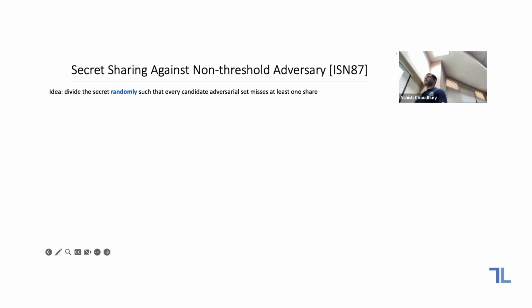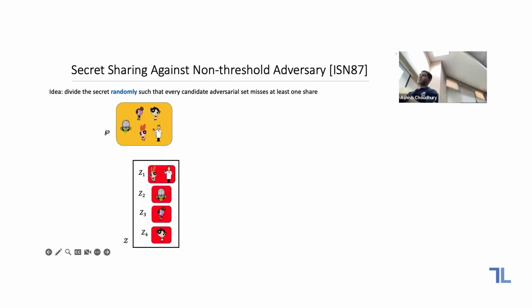The idea is that if you have a secret which you want to secret share, you divide your secret into multiple shares which sum up to the secret, and you distribute the shares in such a way that the adversary lacks at least one share to reconstruct the secret. So how do you do this? Again, let's take this example.